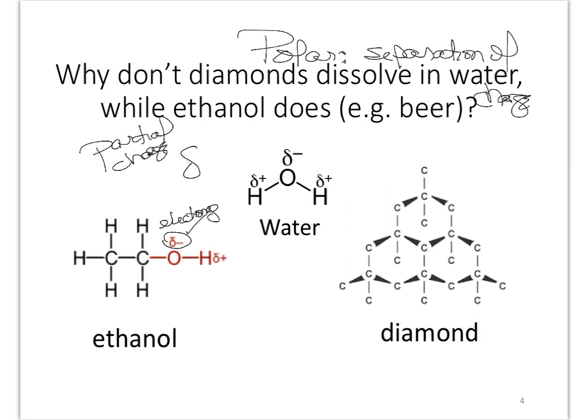And elements that are located to the left of the periodic table or way down towards the bottom will have a partial positive charge. And so anytime you have two atoms bonded to each other with different electronegativities, they're going to make a polar bond. Then the overall molecule is going to be polar unless it's completely symmetric.